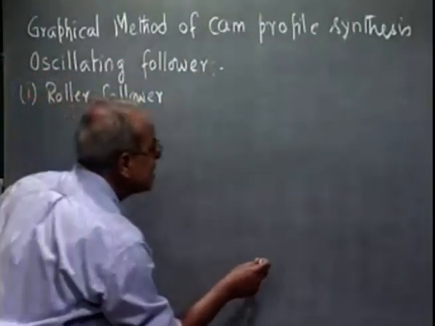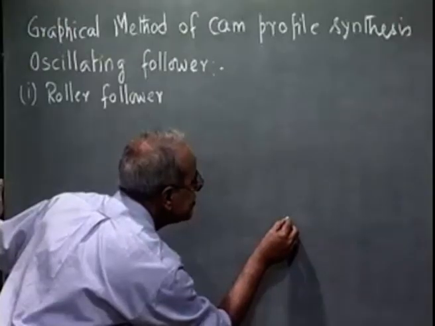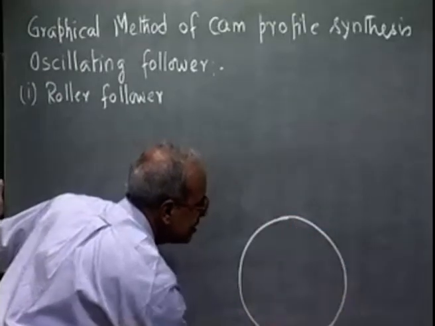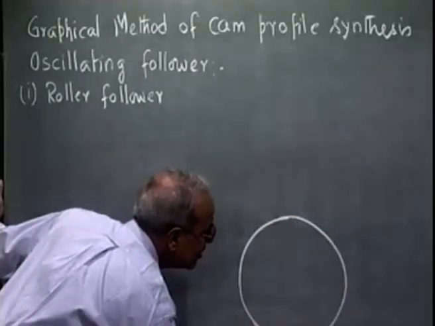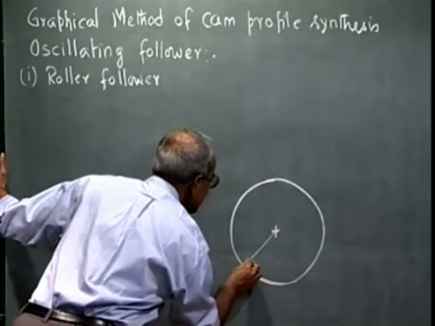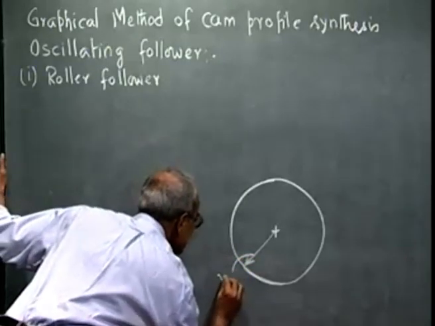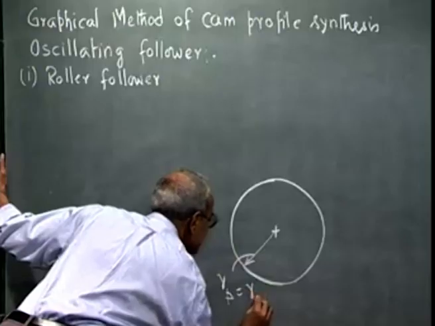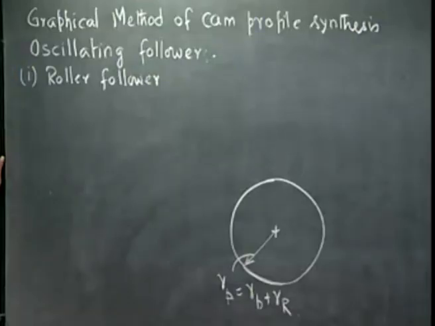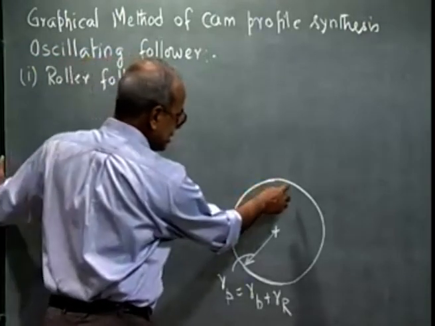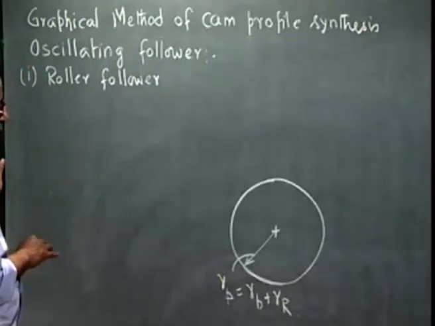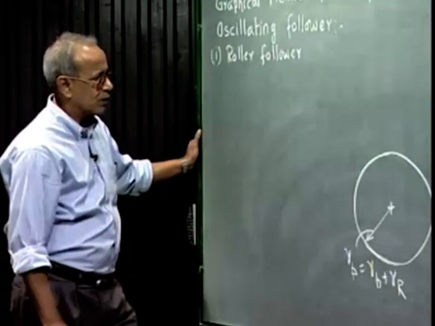So for the roller follower, let me first draw the prime circle. This is the prime circle radius, which, as we have noted earlier, is base circle radius plus roller radius. When the roller center or the trace point is in contact with the prime circle, that is the extreme position or the lowest position of the follower from where we measure the movement of the follower.